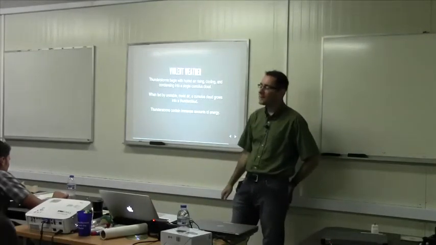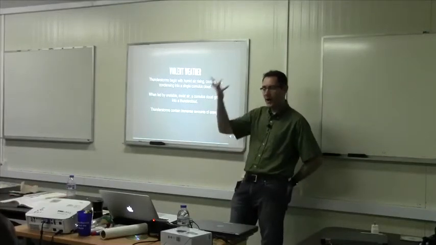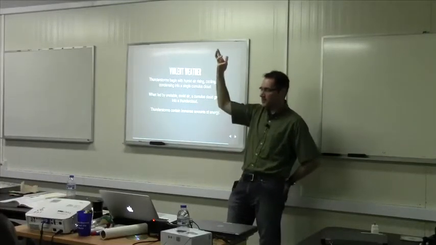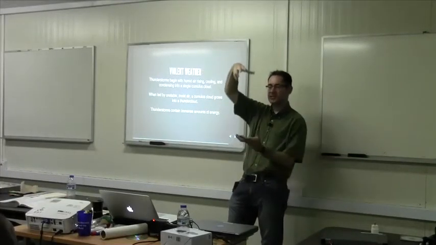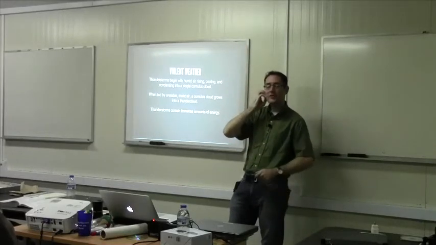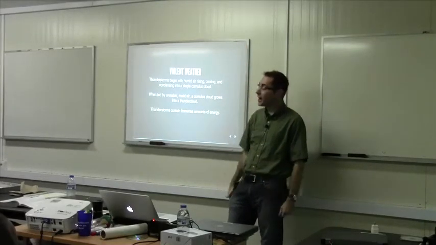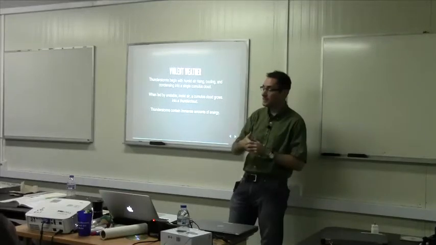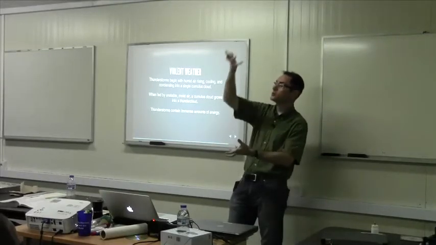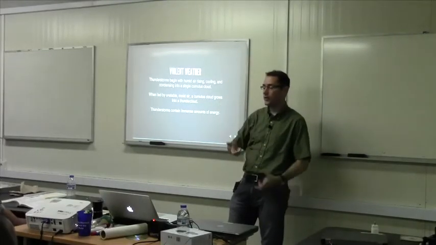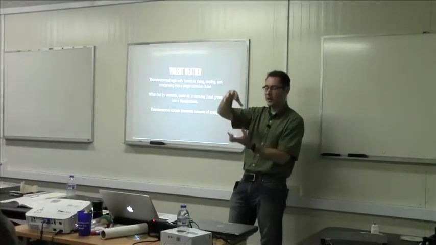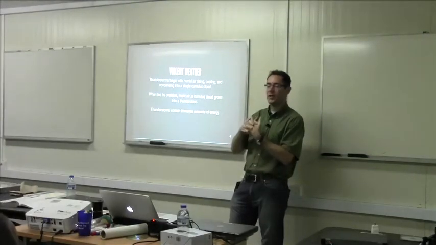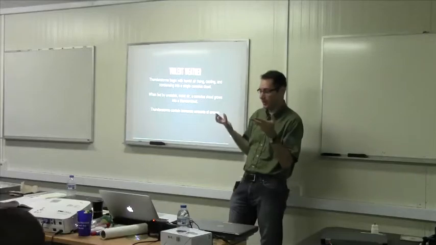So, thunderstorms. Humid air rises. Because it rises, it cools and condenses into a single cumulus cloud. Then you get some unstable moist air that also rises through the cloud, causes a thundercloud, and you get lots and lots of energy out of that.